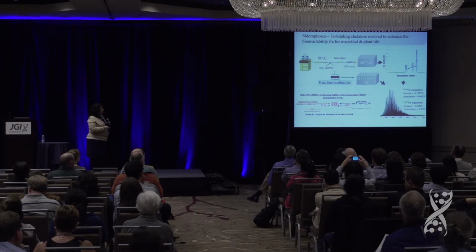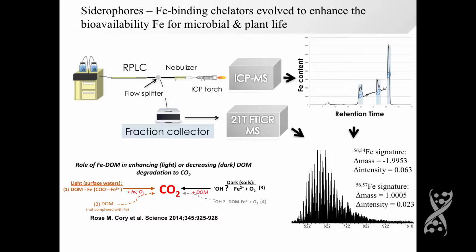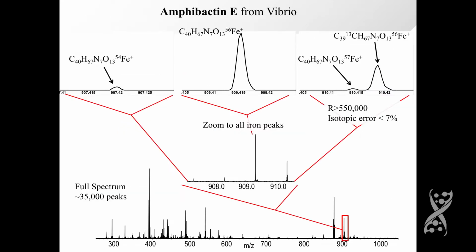In metals, most of the most abundant peaks are either the third or the fourth highest in abundance, and so you get small little peaks out in front of the highest, and that tells you whether or not there's a metal. So we can use ICP-MS to find out the fractions that have the metal in it. We can then use FTICR to look at what these are, and just as an illustration on how this works.